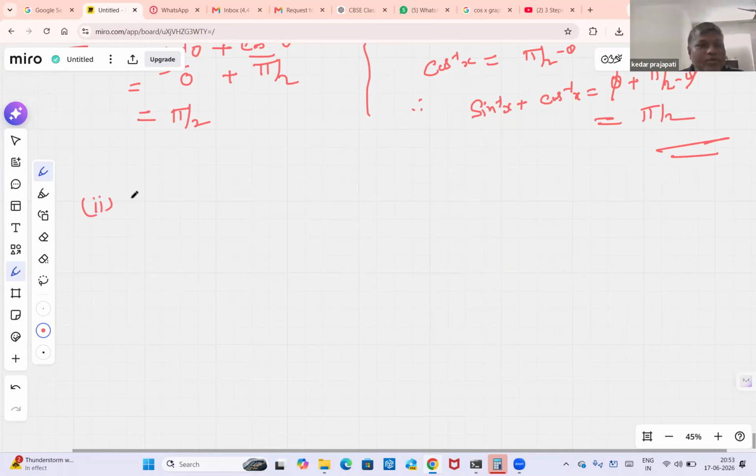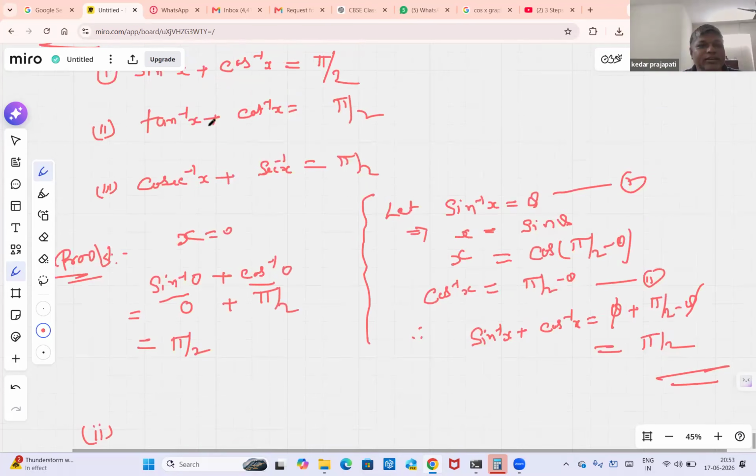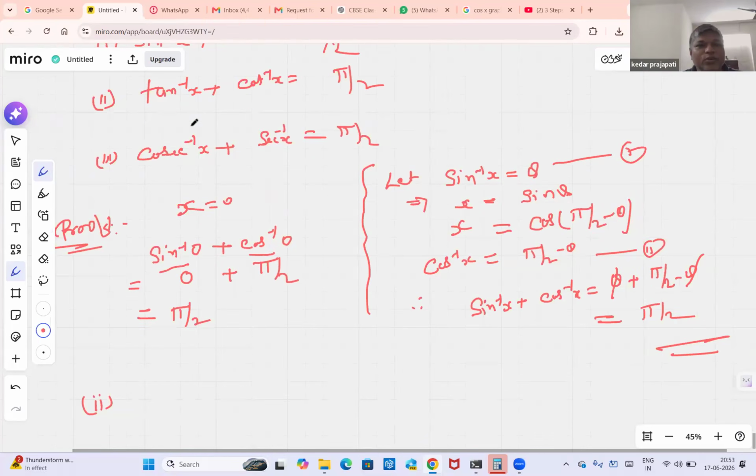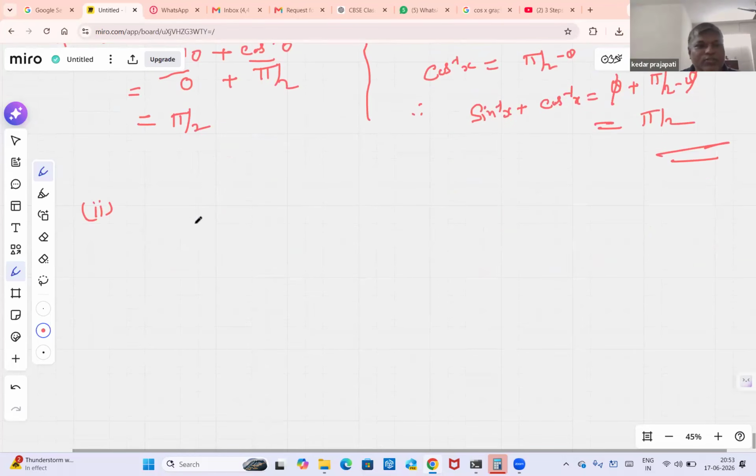So we have tan inverse x plus cot inverse x. What will we say? Let tan inverse x equal to theta. Take it as equation 1. From here we get x equal to tan theta.